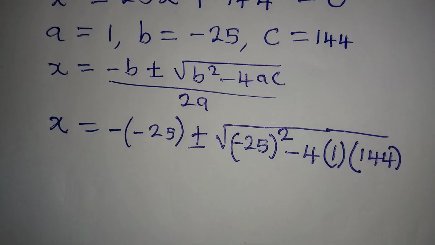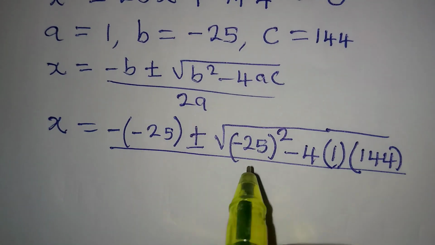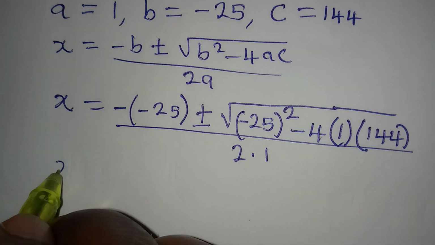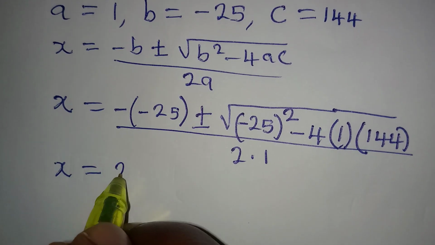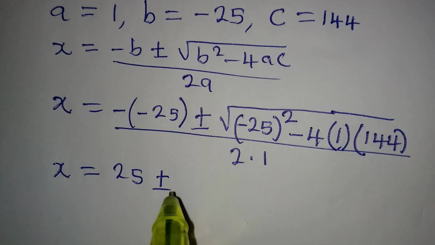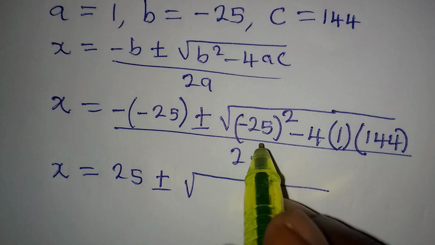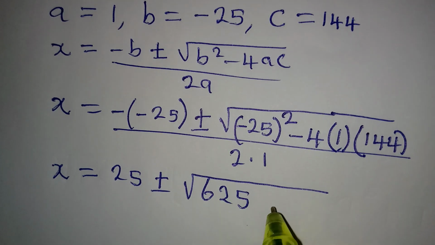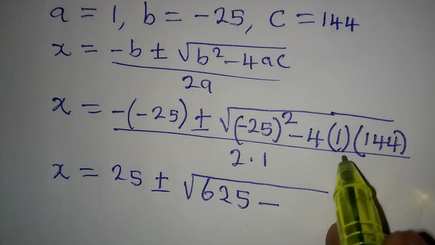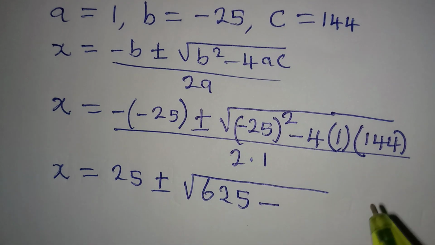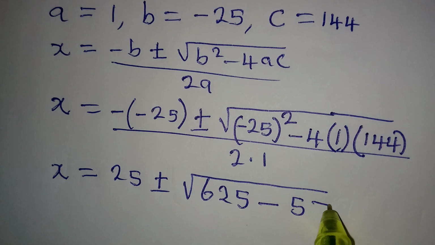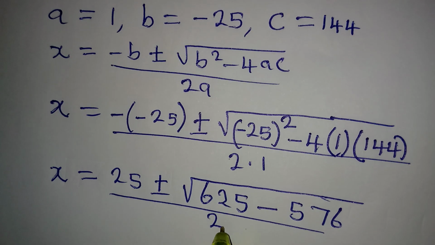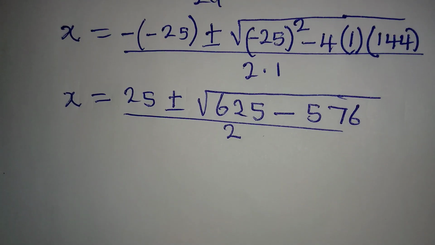Close this, and then the whole of this is over 2 times 1. To proceed with this, x will be equal to 25 plus or minus, as we have minus 25 squared, which will give 625. Then minus 4 times 1 times 144 will give us 576. This is all over 2 because of 2 times 1, right?